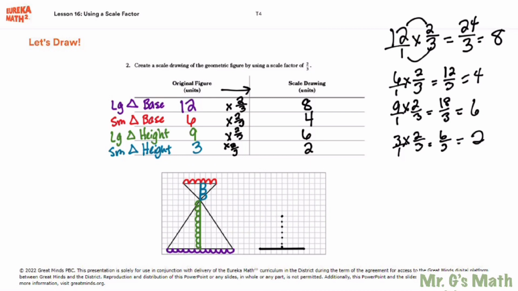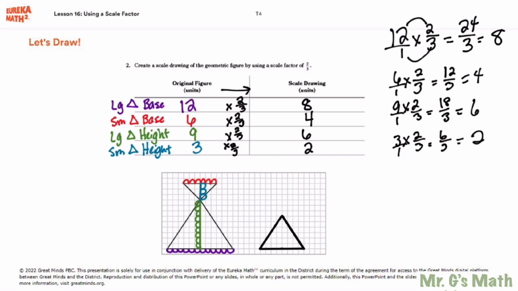Then I connect my 2 slanted sides of my triangle and erase these little dots. So this triangle that I just drew for my scale drawing is 2/3 the size of the original.